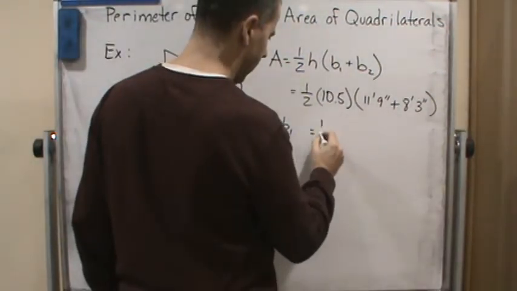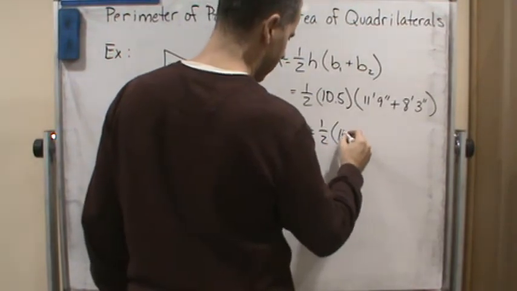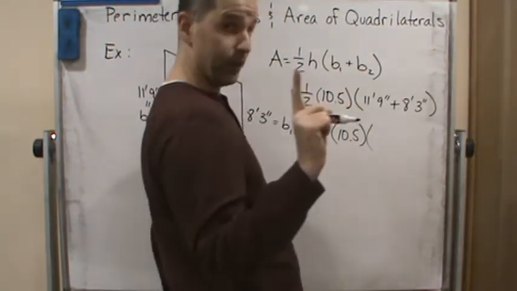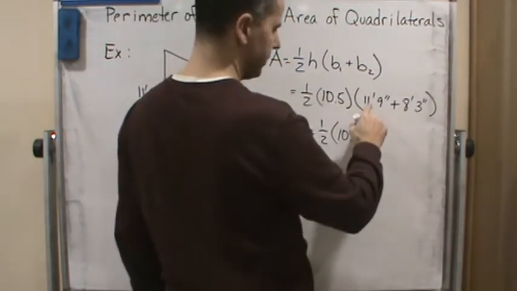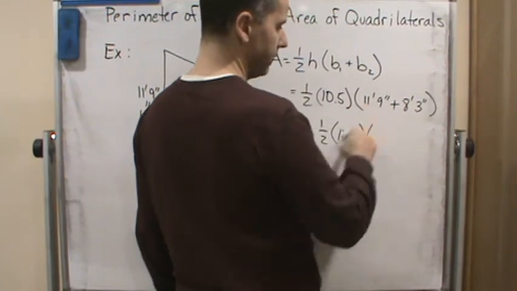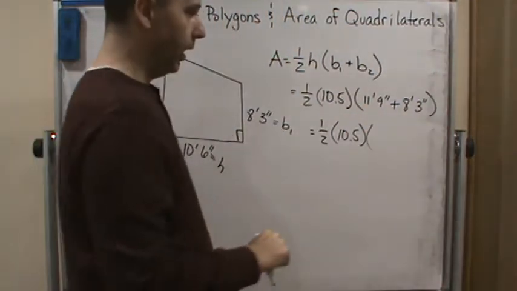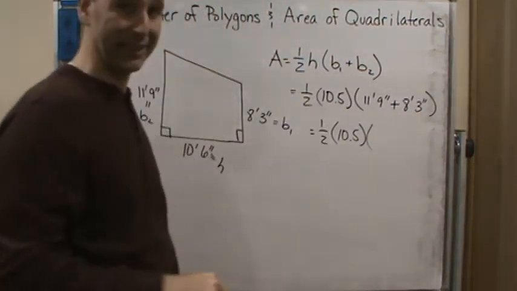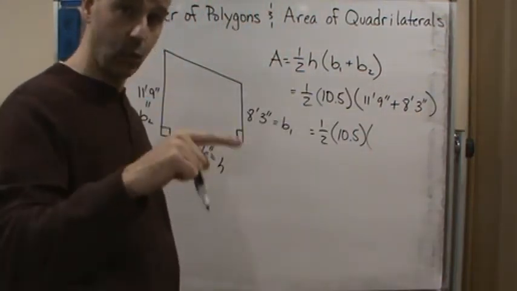Well, this is going to be 1/2 times 10.5 feet. Now, let's add the bases first and then regroup. This is 11 feet plus 8 feet, which is what? 19 feet. And then we add the inches. 9 inches plus 3 inches is 12 inches, but 12 inches is equal to 1 foot.